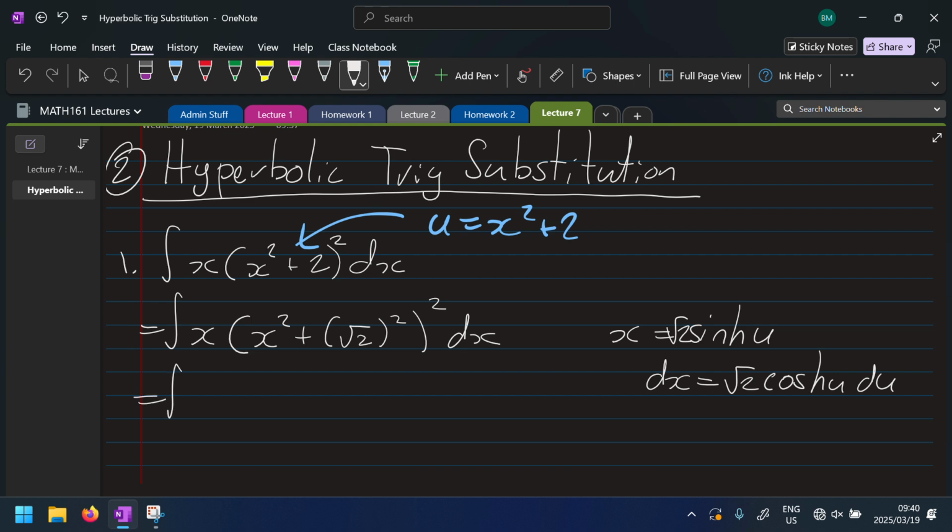So x, that's going to be root 2 sine hyperbolic u. Then we've got the brackets, so that's going to be brackets 2 sine hyperbolic squared u plus 2, then squared again. And then dx, that's going to be root 2 cos hyperbolic u.